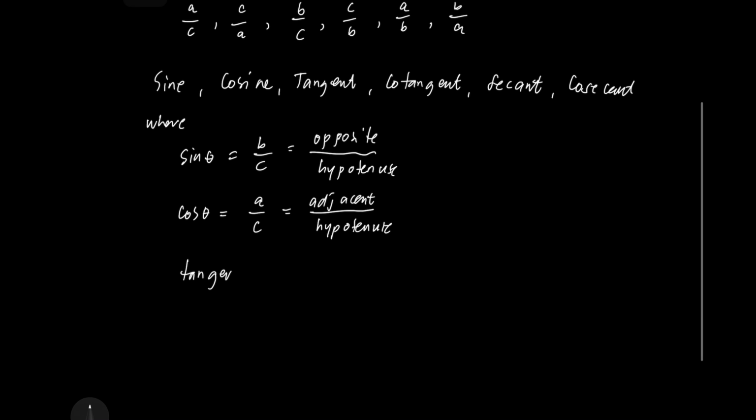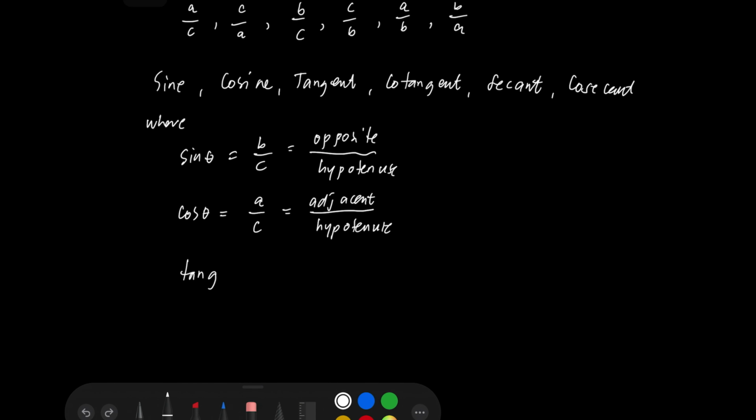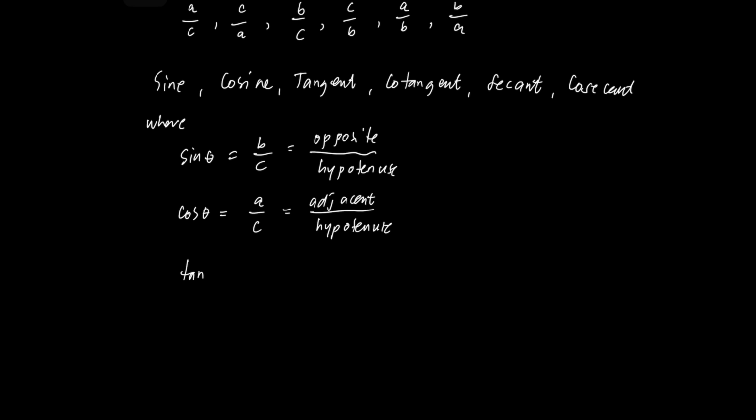Then the tangent theta is B over A. B is the opposite side and A is the adjacent side.